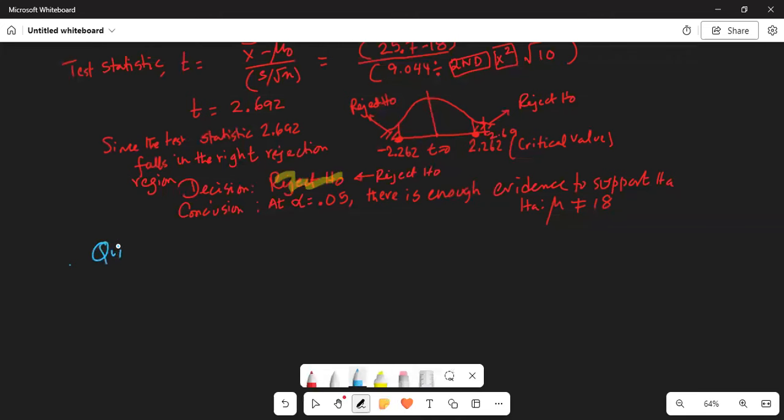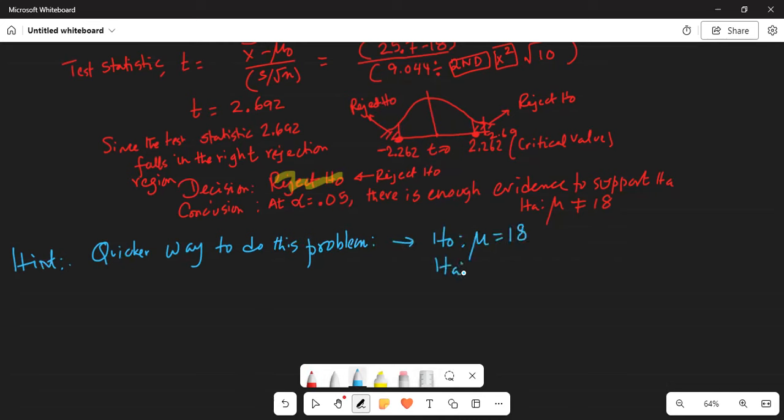Quicker way to do this problem. We first write the null hypothesis: mu equal to 18.